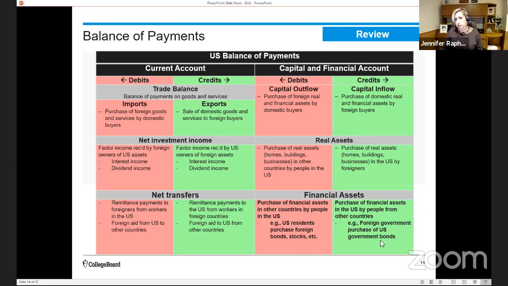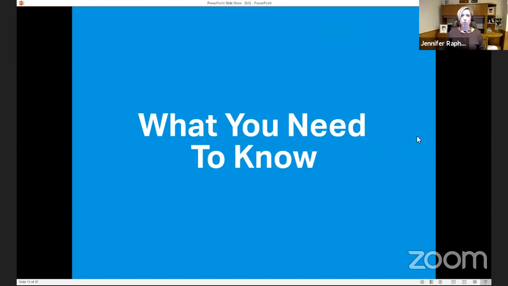And when US bonds and US stocks are purchased by foreign purchasers, that represents money coming into the country. That's financial capital inflow. All right, so we're really just adding this language of capital outflow and capital inflow to what we learned about the balance of payments not too long ago. All right, so what do you need to know based on our topic for this evening?